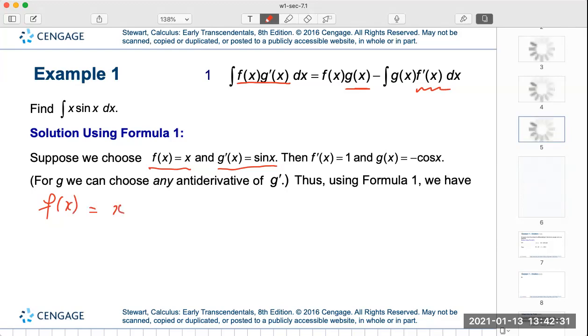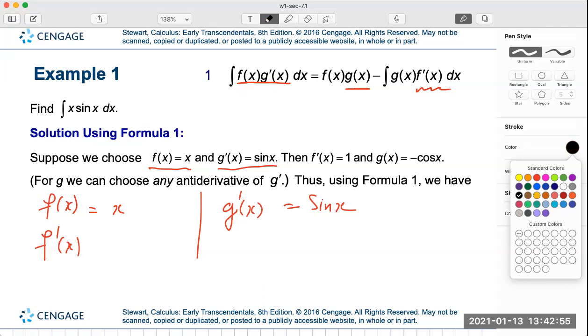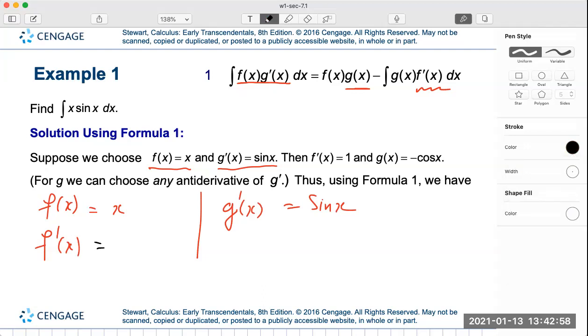Suppose f of x is x here, and g prime of x is sine x. So in order to apply this formula, we need to find f prime. What is f prime? Yes, the derivative of x, which is 1.